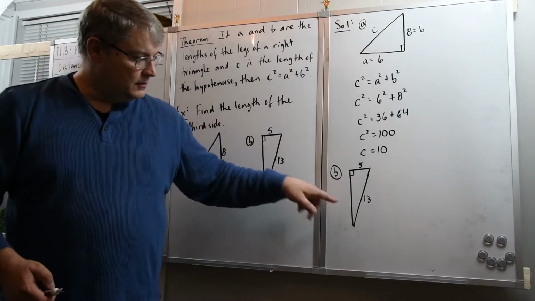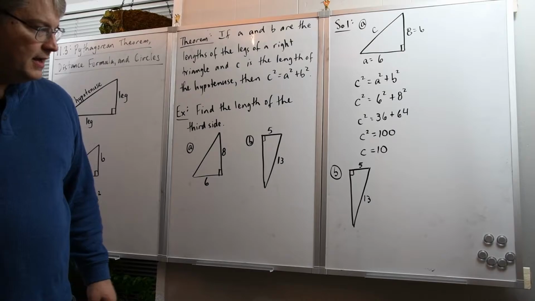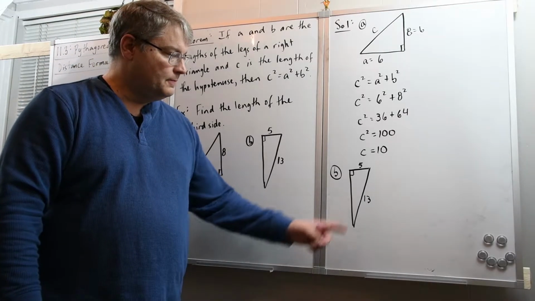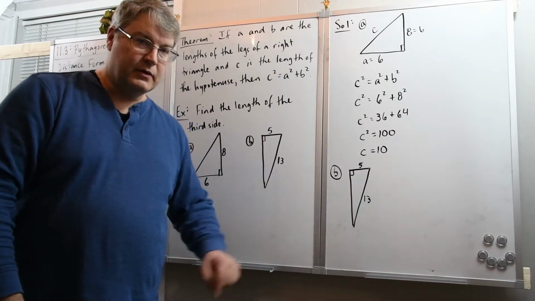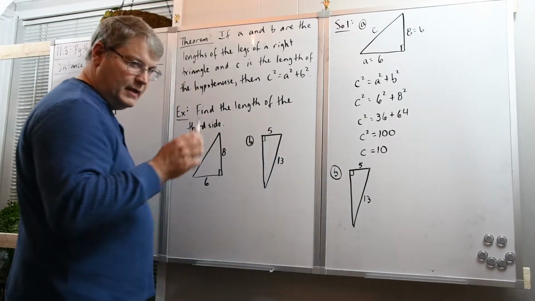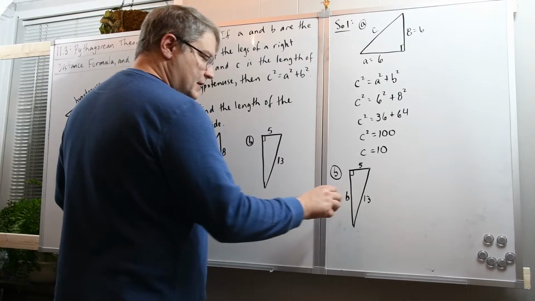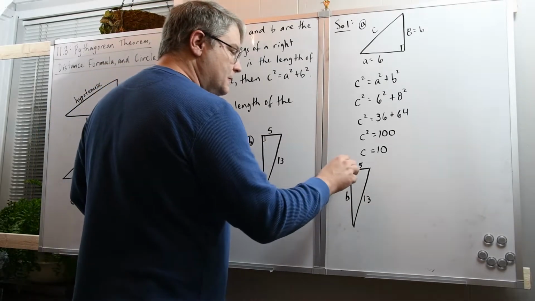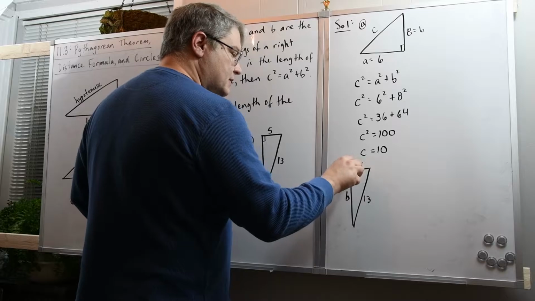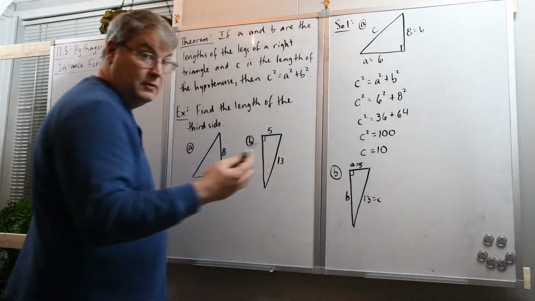When we observe this triangle, however, we notice that this side, whose length is 5, is a leg of the right triangle. This side, whose length is 13, however, is the hypotenuse. So it's the length of one of the legs that we're missing right now. I could label this side as B, and I think I do. Label this side as A, so A will be 5, and then label this side with C, so C is 13.